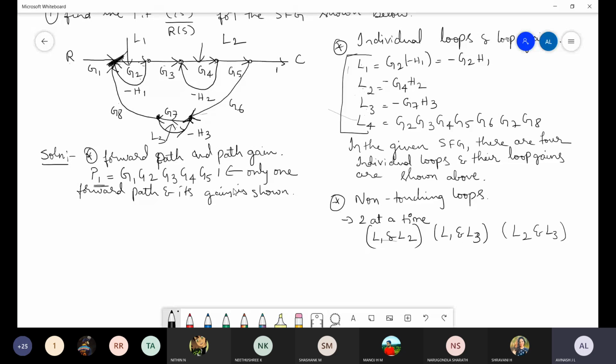Sometimes you may miss L1 with L3. To avoid that confusion, it is always better to write the individual loops, and from the individual loops write the non-touching loops. Is it clear to you?